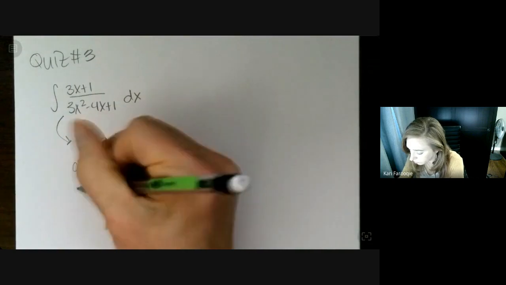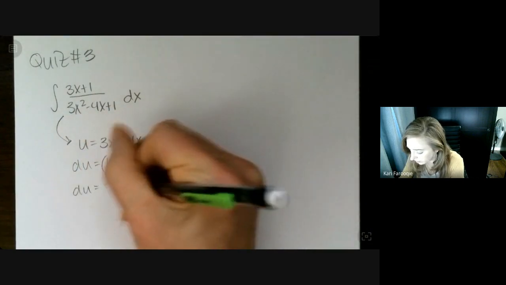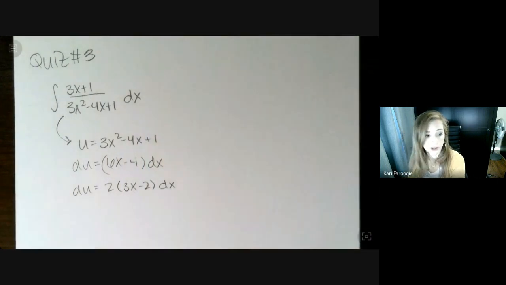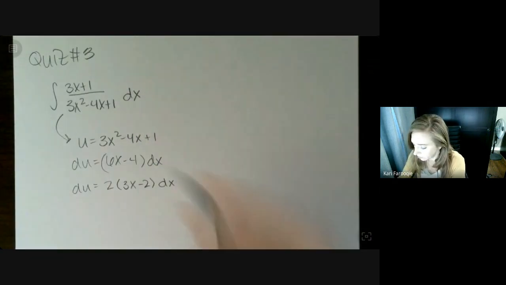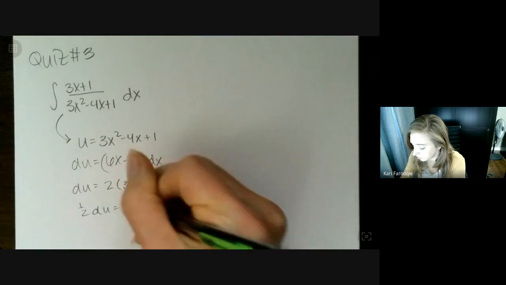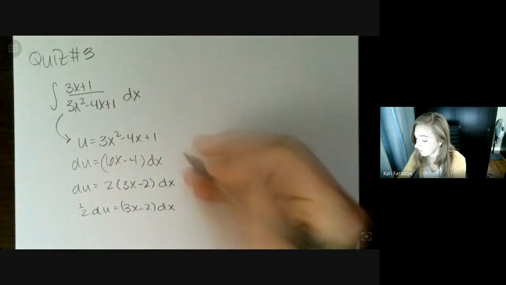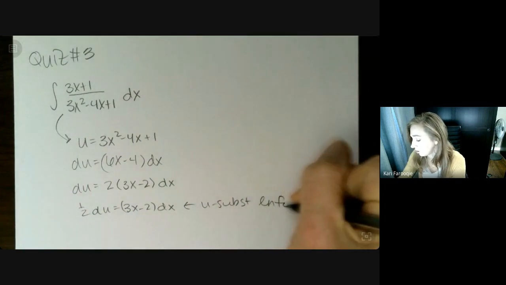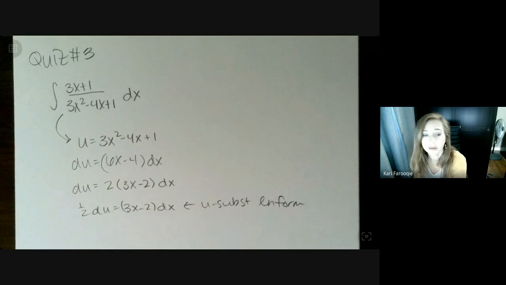So go ahead and factor a 2 out of that to get the 3x. And then you'll have 3x minus 2. So you'll notice that if you take half du, that gets you to 3x minus 2 dx. This would get you to your u substitution in your natural log form.